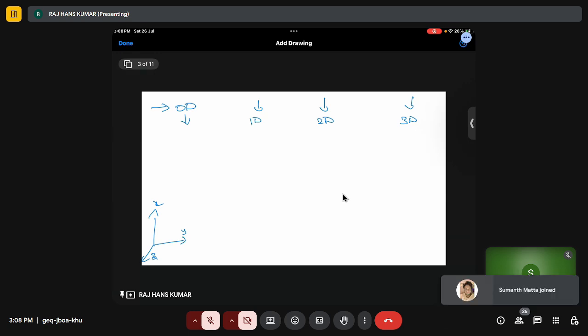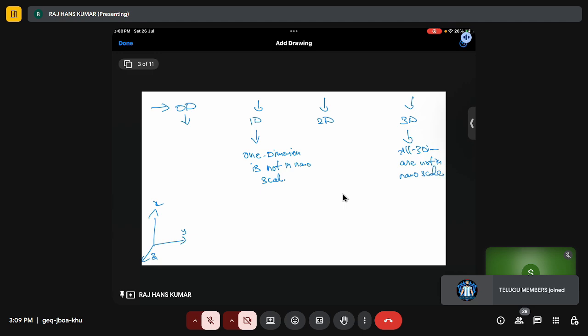Now one dimension is nothing but, let's say, only one dimension is not in nanoscale. So 3 dimensions means all 3 dimensions are not in nanoscale.